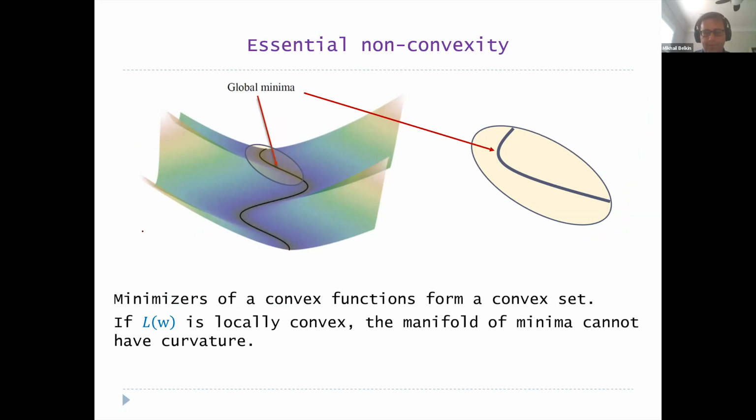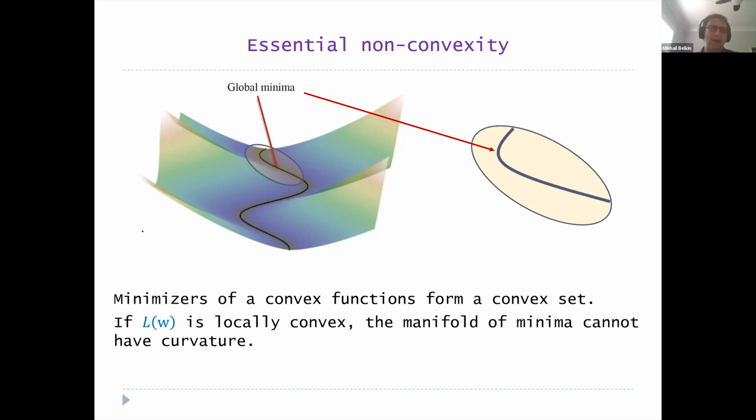If my function is locally convex in that ball, then the minima of such a function have to form a convex set. That means this curve must be a straight line. So as soon as you have any curvature of the set, you cannot have convexity.